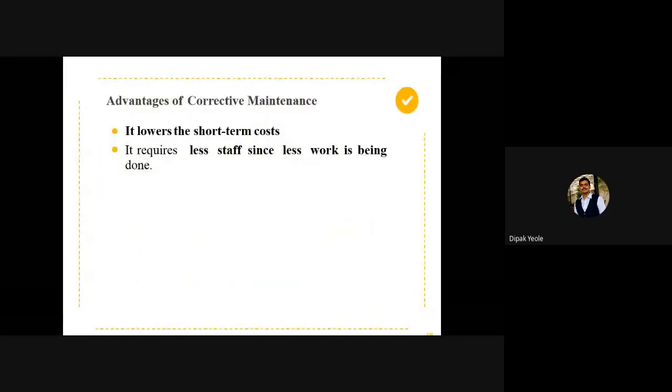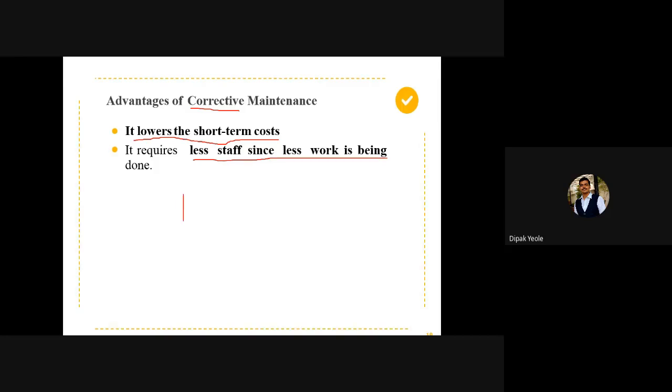Now, what are the advantages of corrective maintenance? The advantages are that it lowers the short-term cost. Whenever we are doing corrective maintenance, our cost is going to reduce. The second advantage is that it requires less staff since less work is being done.